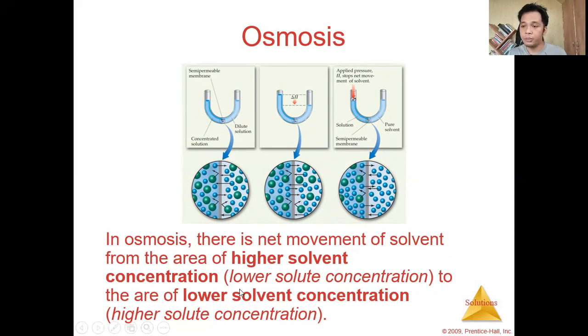So the solvent is the one moving, not the solute, because we have a semi-permeable membrane that blocks our solute particles from passing through in our solution. So that is the process of osmosis. Okay, next.